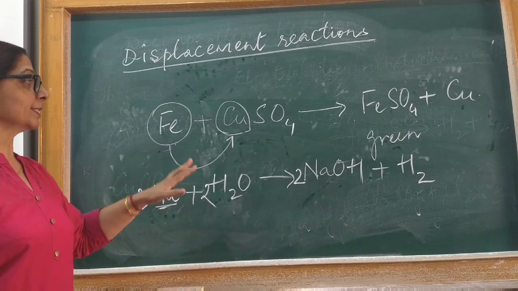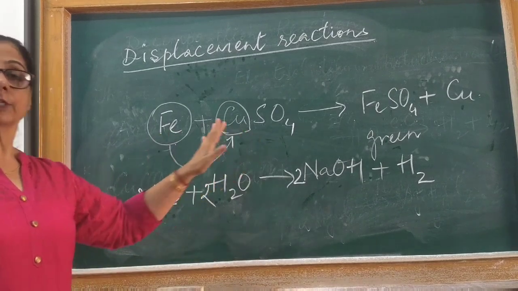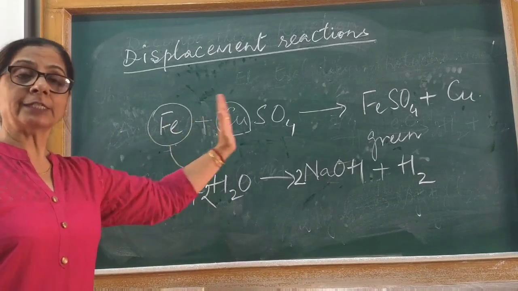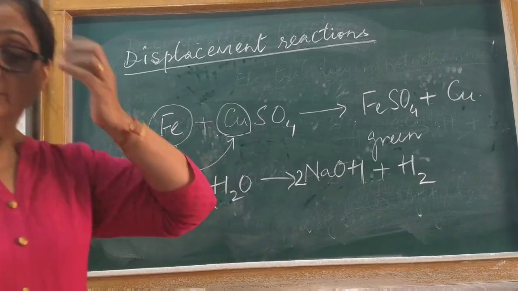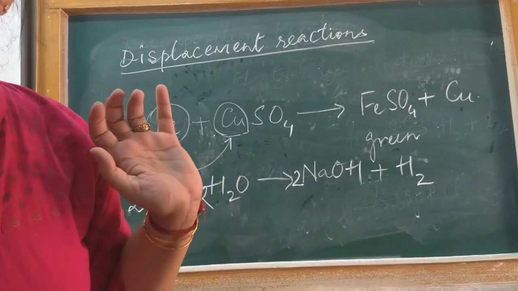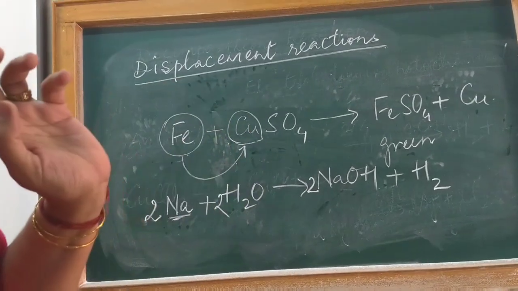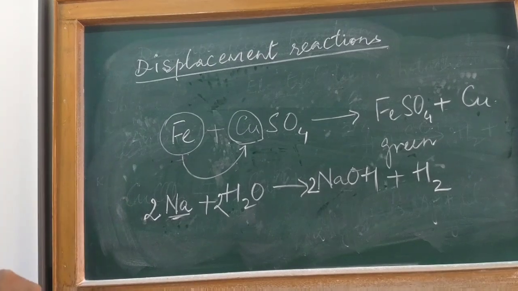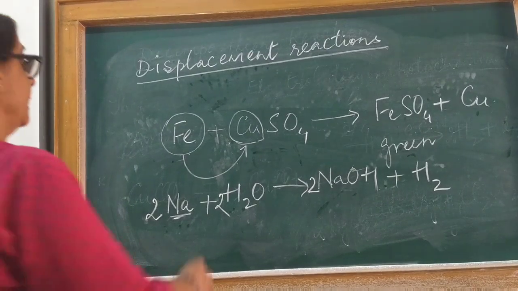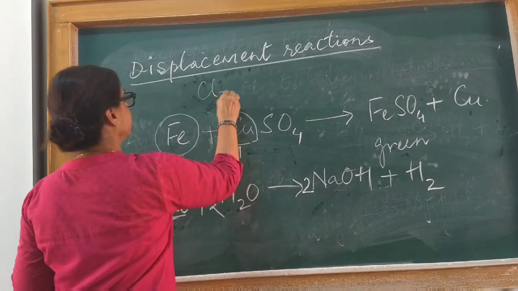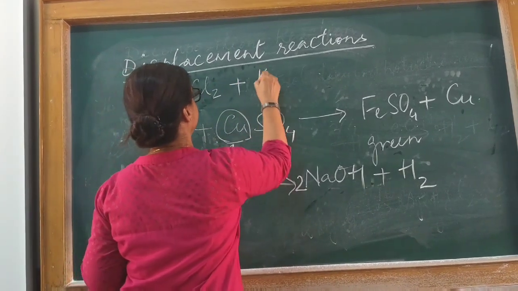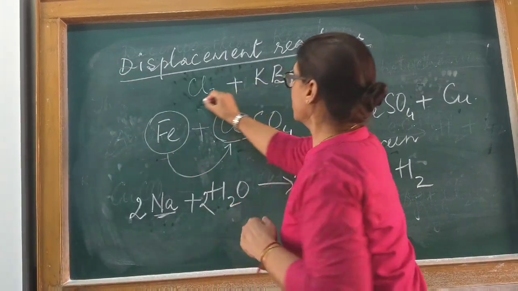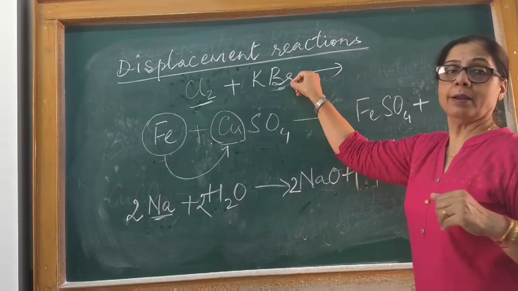Then there are many more examples which have been given for the displacement of active metals from their salt solution. I'll take up another example where you have a non-metal displacing another non-metal. If you take chlorine and pass chlorine through potassium bromide, here chlorine is more active than bromine.